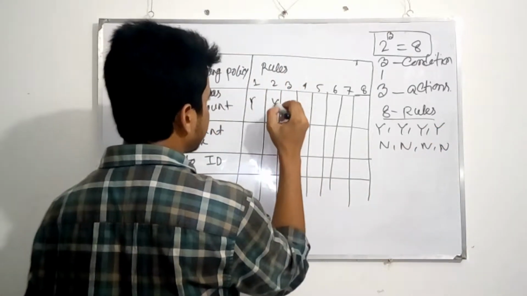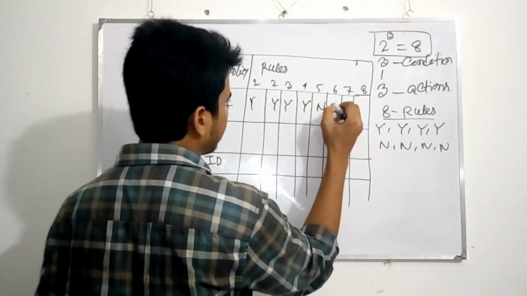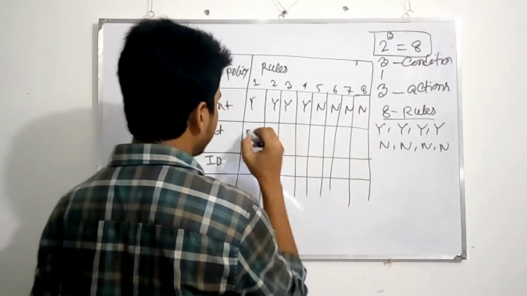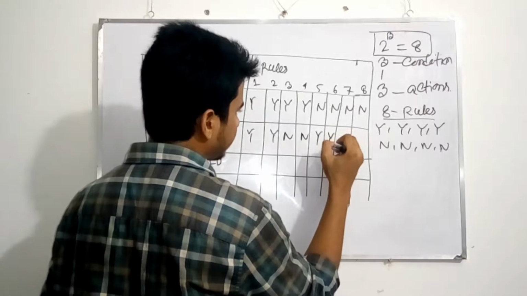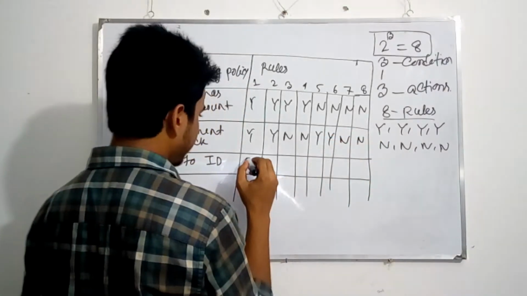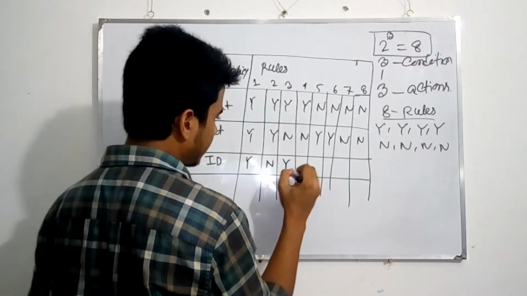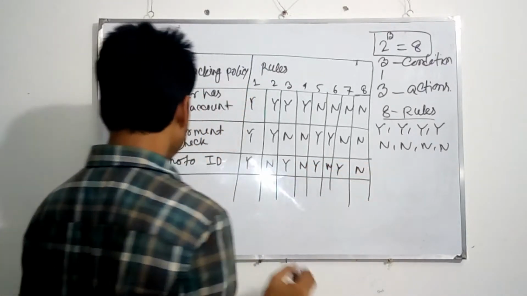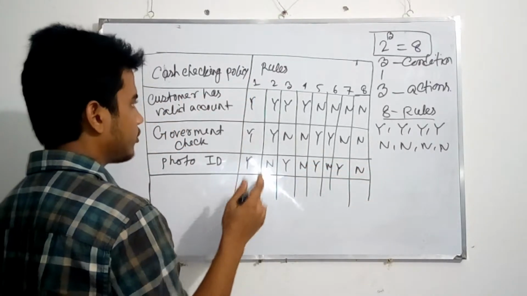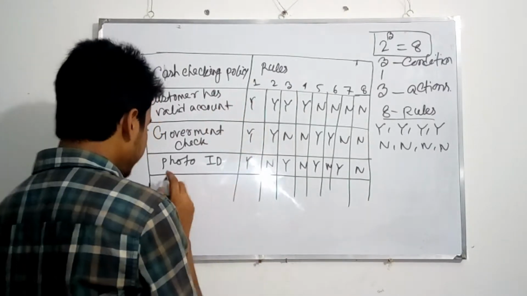So yes, yes, yes, yes, no, no, no, no, then yes, yes, no, no, yes, yes, no, no, and finally yes, no, yes, no, yes, no, yes, no. These are the conditions, and based on these conditions we get actions.